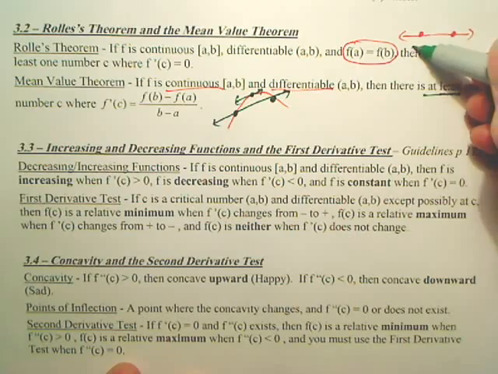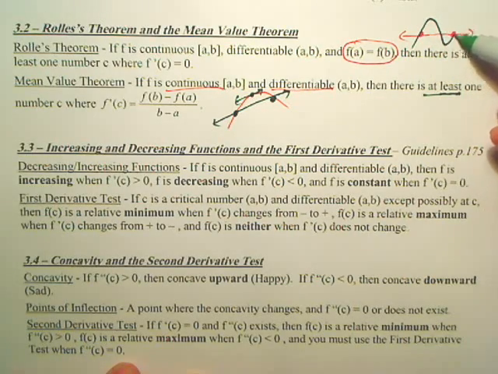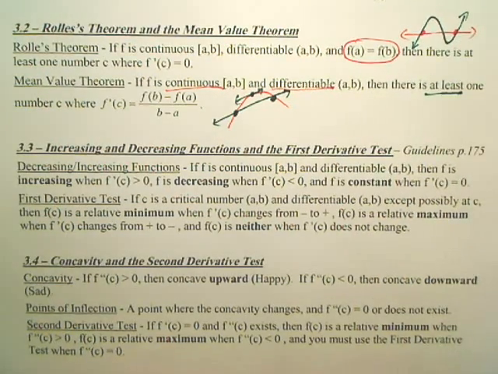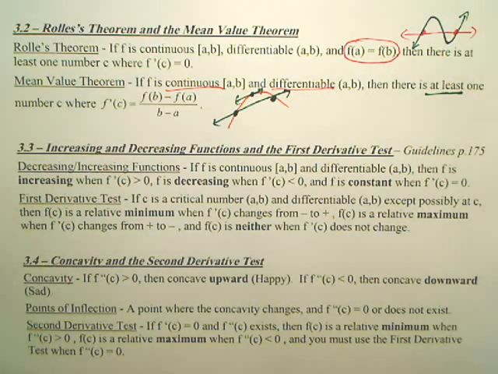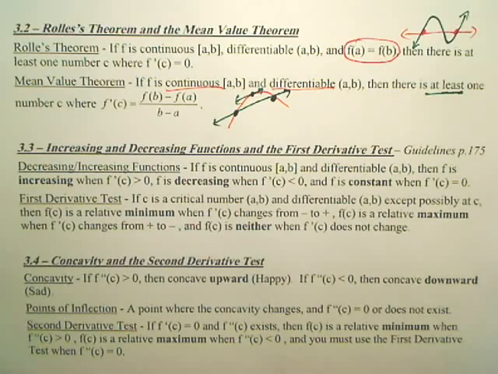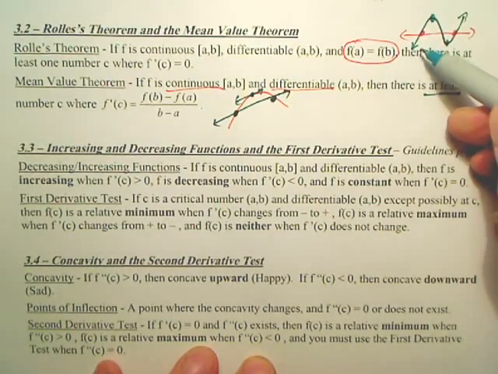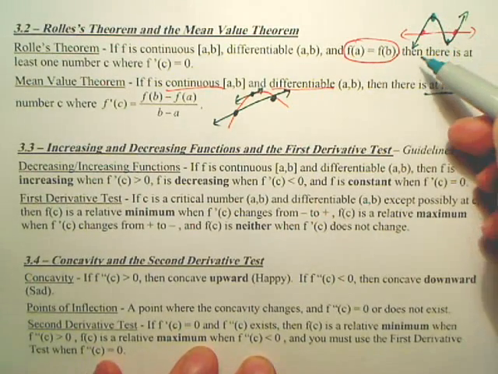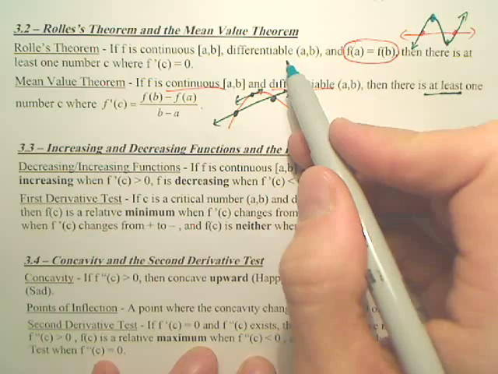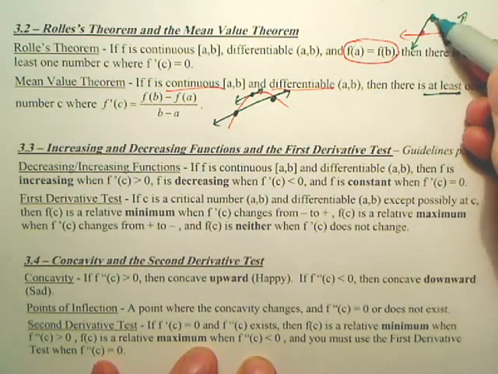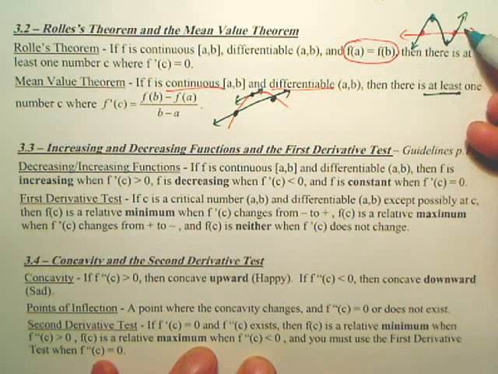So if I make this graph like that, is there at least one point between those 2 red dots that has a slope of 0? There's actually 2, but there's always going to be at least one. In this situation there are actually 2, but as long as it's continuous and differentiable, there will always be at least one point that has a slope of 0.